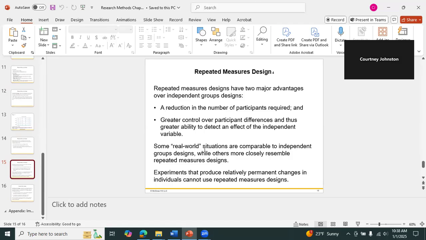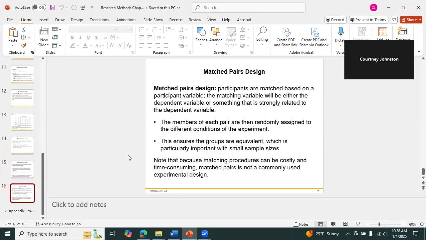So you might be able to decide whether you want to use a between or within subjects design based upon how it would reflect what actually happens in the real world. And experiments that produce relatively permanent changes in individuals cannot use those repeated measures designs, or that within group, because, again, the effect isn't going to wear off and you can't be exposed to another condition.